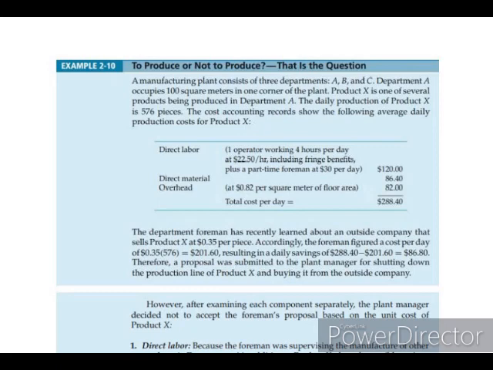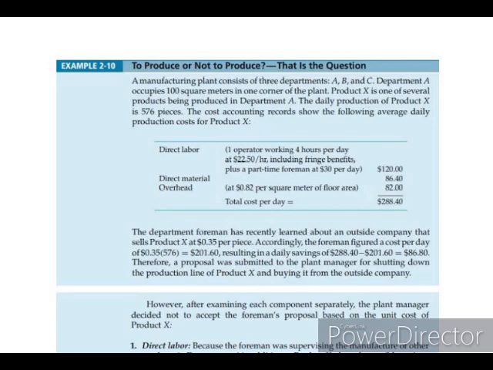A manufacturing plant consists of three departments, A, B, and C. Department A occupies 100 square meters in one corner of the plant. Product X is one of the several products being produced in Department A. The daily production of Product X is 576 pieces.